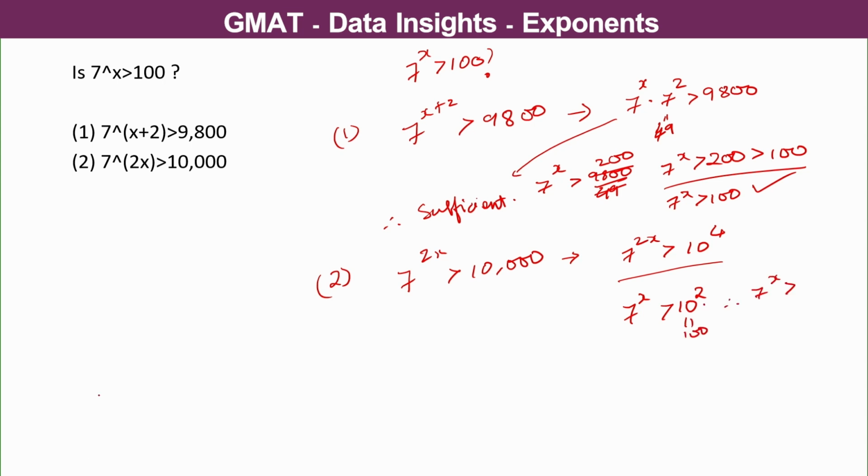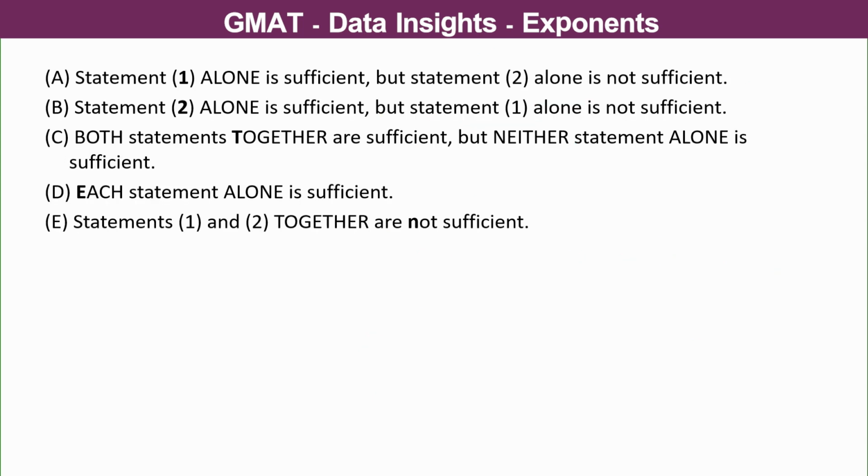Therefore, you can clearly see that 7 to the power of x is greater than 100. Therefore, this is also sufficient. When both statements alone are sufficient, the answer becomes option D. Option D, where each statement alone is sufficient.